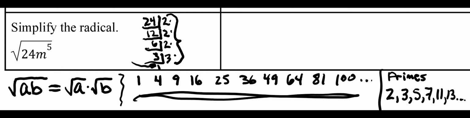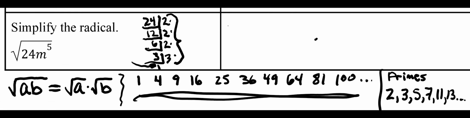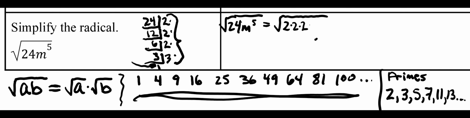So then I can rewrite this whole expression, the square root of 24m to the 5th power, as the square root of 2 times 2 times 2 times 3 times, and you don't have to write this out, but I think it's helpful to see, m to the 5th power is m times m times m times m times m.